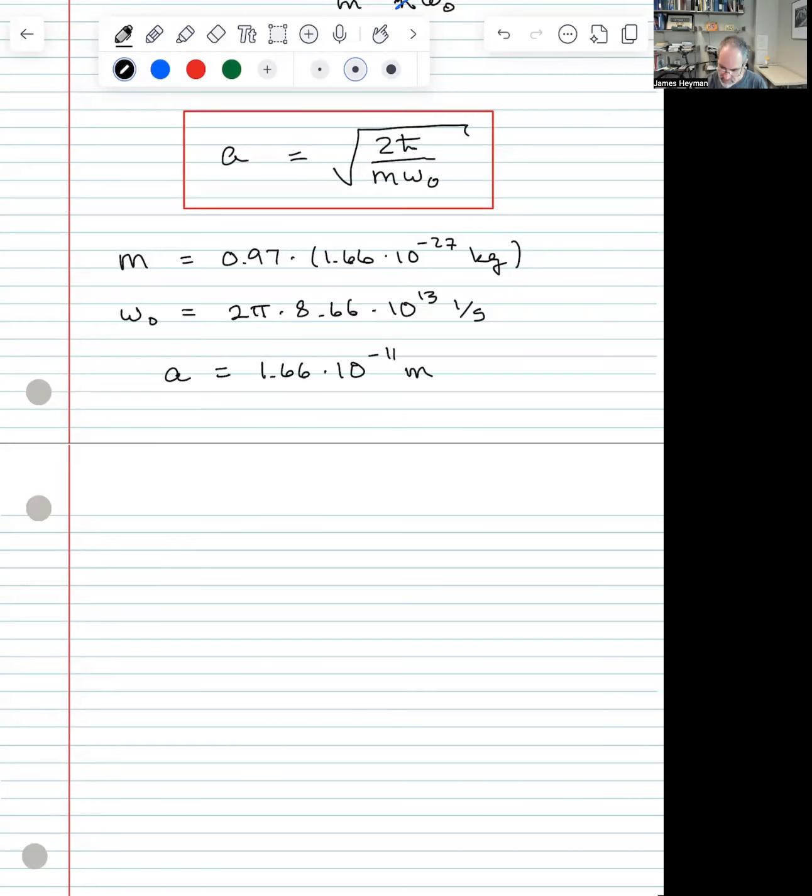Or, I think I put an extra 6 there. 1.6 times 10 to the minus 11 meters, or about 0.16 angstroms. Okay? So, what does that mean?